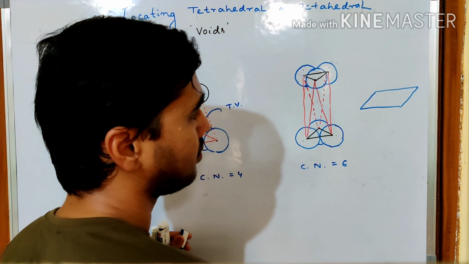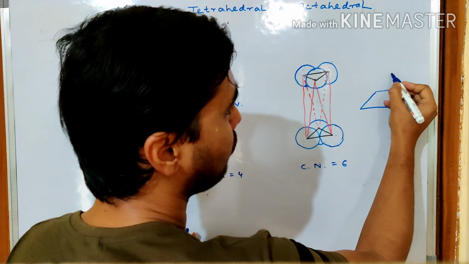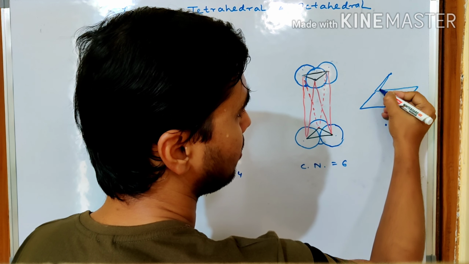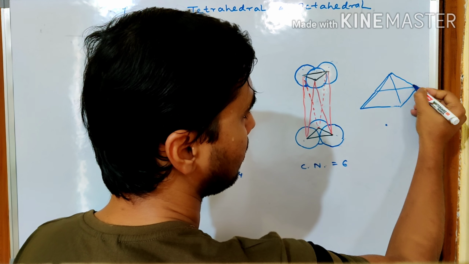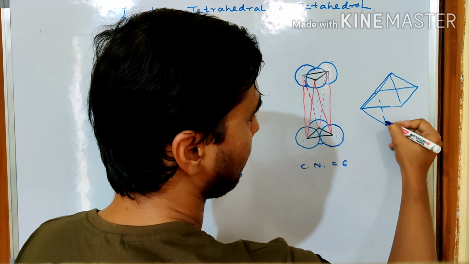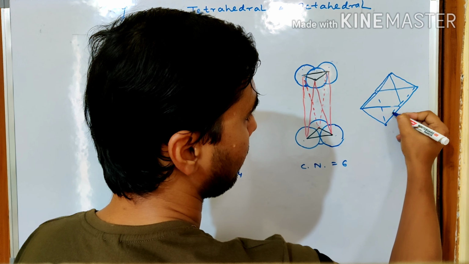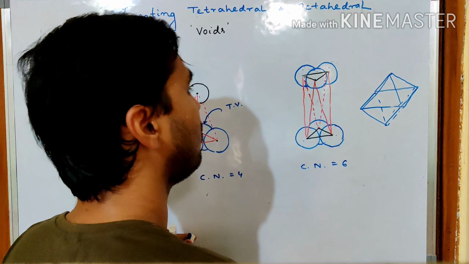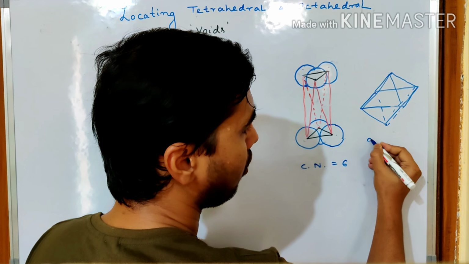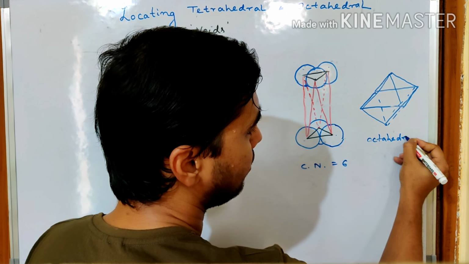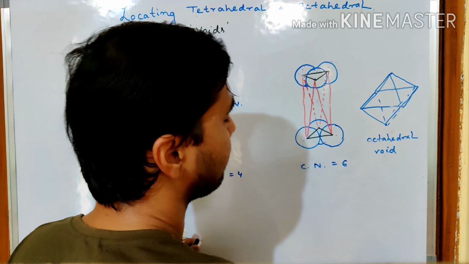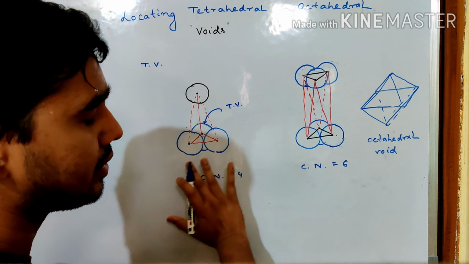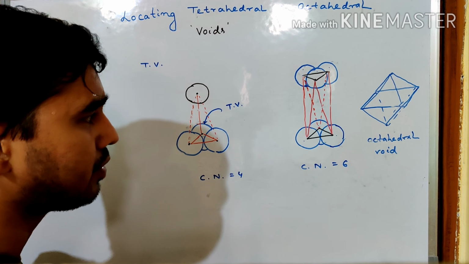And the point above and the point below, and these are connected actually. So it basically forms an octahedral void. So tetrahedral and octahedral side by side, I have drawn how to locate it.